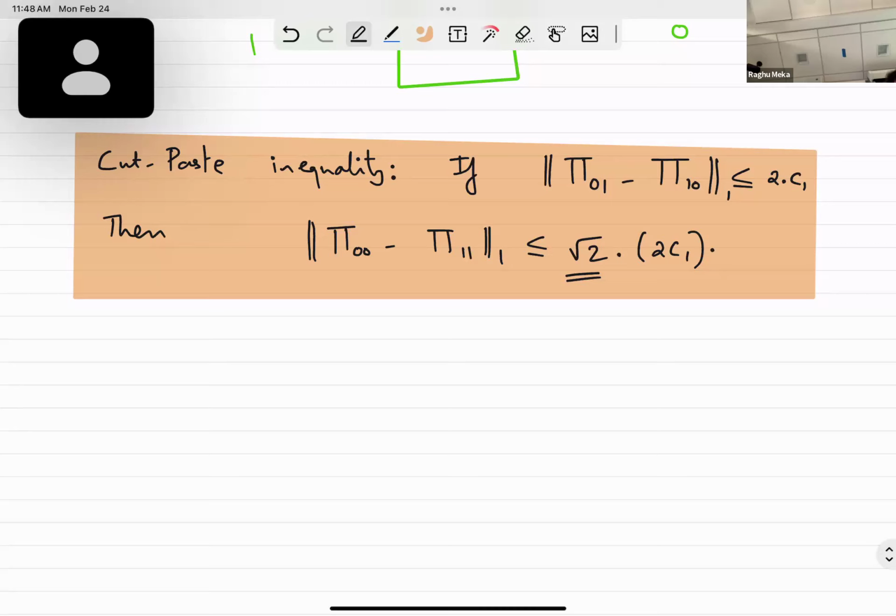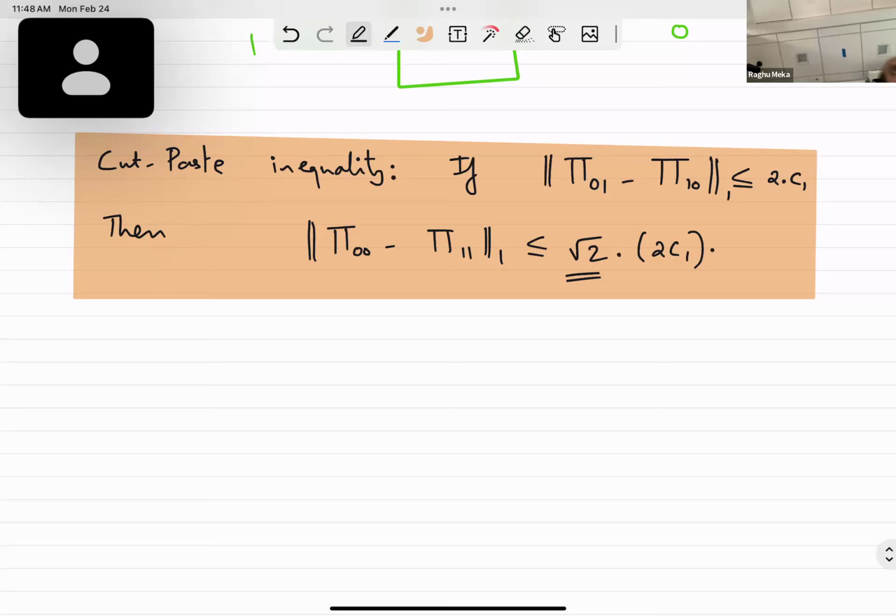But the point is that you have this magical cut paste property, right? This is true for protocols. If what I say for 0 looks the same to you as when I say 1, then all 4 should be the same. Okay. And the final contradiction is that you cannot have this because the output should be different. NAND of 0, 0 is 1, NAND of 1, 1 is 0.